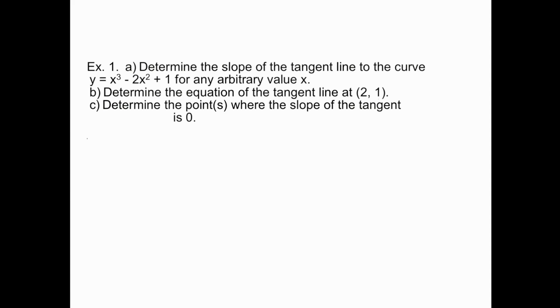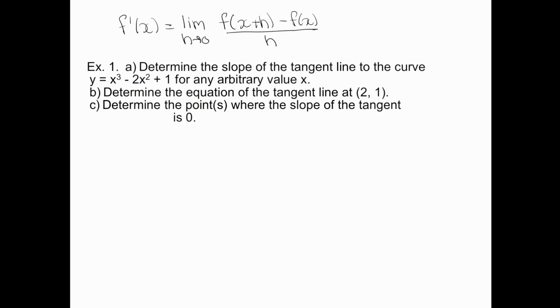Let's put this in action and let's look at an example. Determine the slope of the tangent line to the curve y equals x cubed minus 2x squared plus 1 for any arbitrary value of x. So remember that our definition of derivative is telling me that f prime of x is going to be equal to the limit as h approaches 0 of f of x plus h minus f of x all over h.